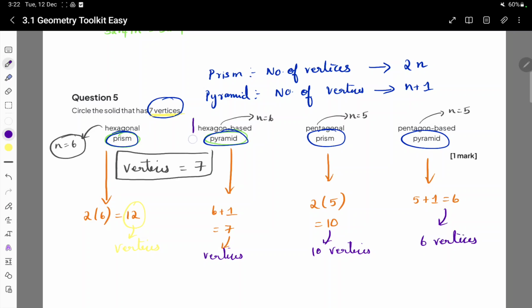So 7 vertices comes here, we just have to circle this. This will be our answer. If they had asked 12 vertices, then the first one, hexagonal prism, would be the answer. If they had asked 10 vertices, then the pentagonal prism. If they had asked 6 vertices, then the pentagon based pyramid.